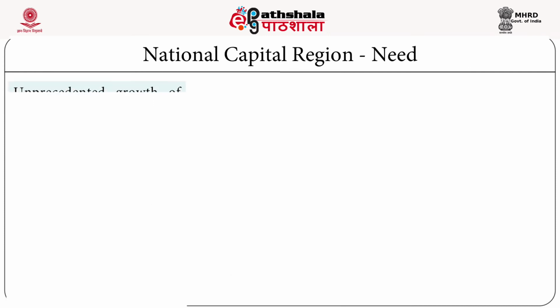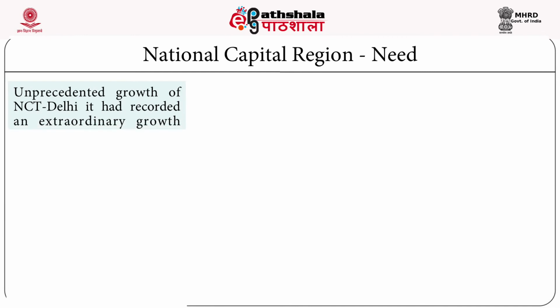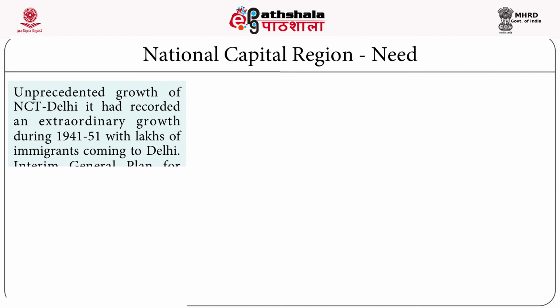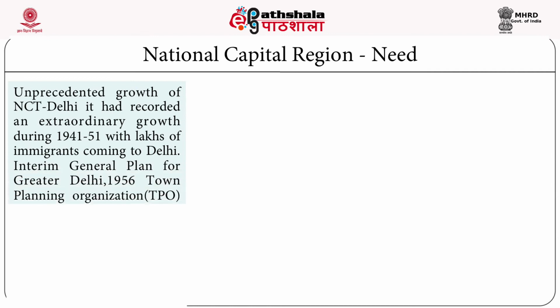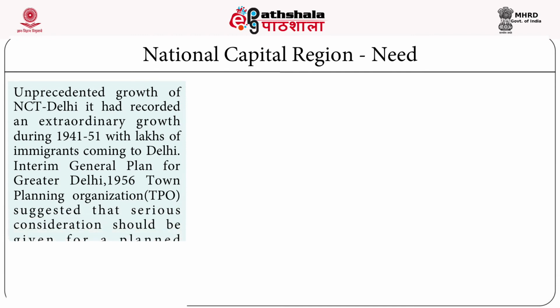Now what was the need for this National Capital Region Plan? Because of the unprecedented growth of NCT Delhi, it had recorded an extraordinary growth during 1941-51 after partition, with lakhs of immigrants coming to Delhi.